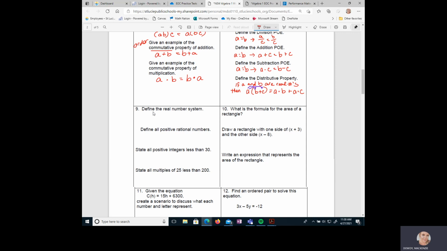So the real number system includes any number on a number line, positive, negative, or 0, whole numbers, rational, and irrational.